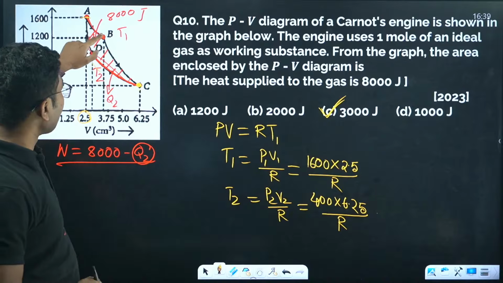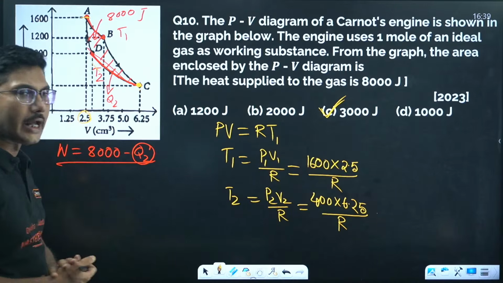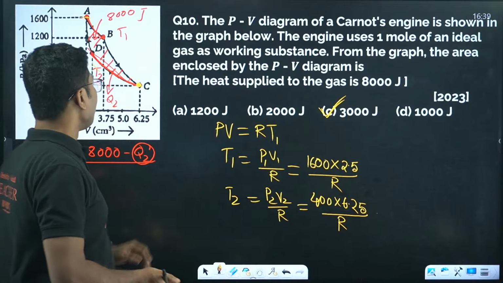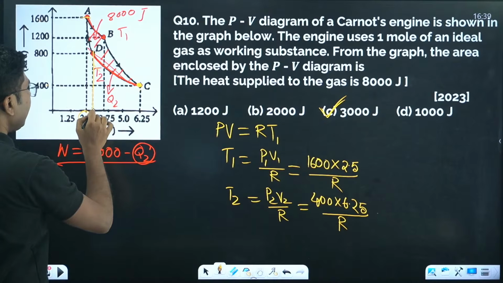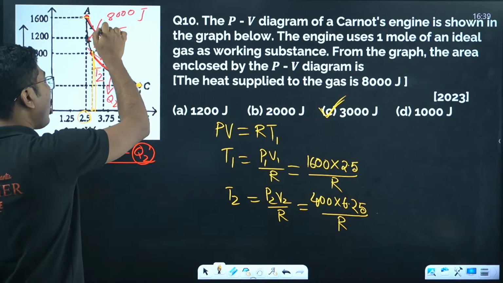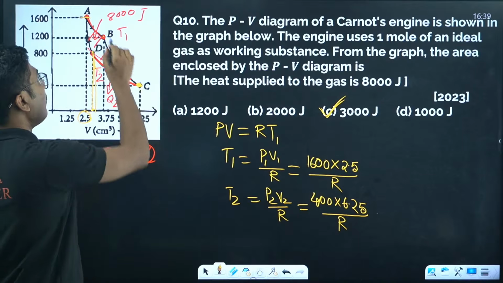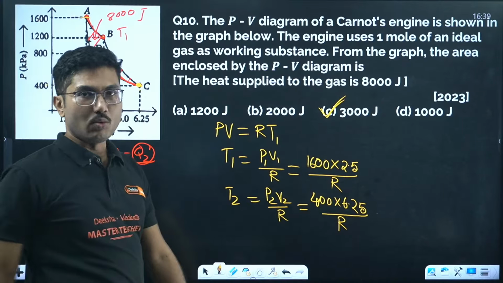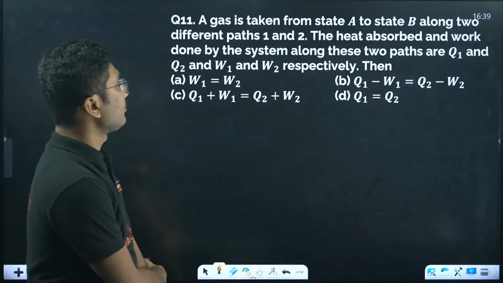Now you can apply at point B also. You might say, sir, I want to apply at point B. Yes, you can do that. Okay, you will get the same answer. But point D is tricky because the volume at point D is not exactly given. So point D you cannot use, but you can use point A or point B and point C. Point C is where you calculate T2, point A or B you calculate T1. Okay, now let's move on to the next question.